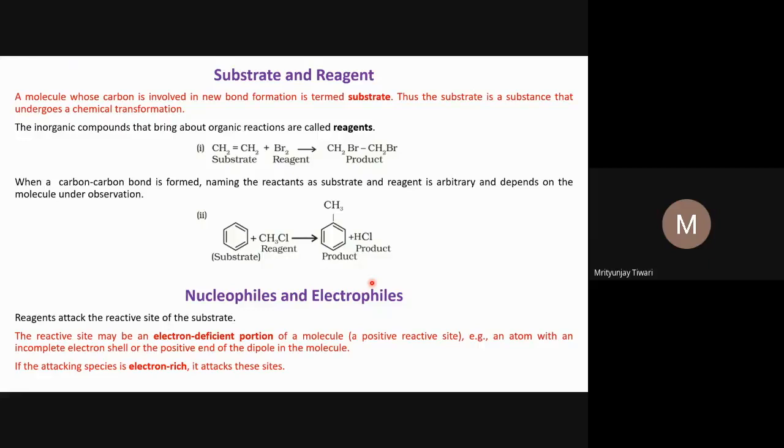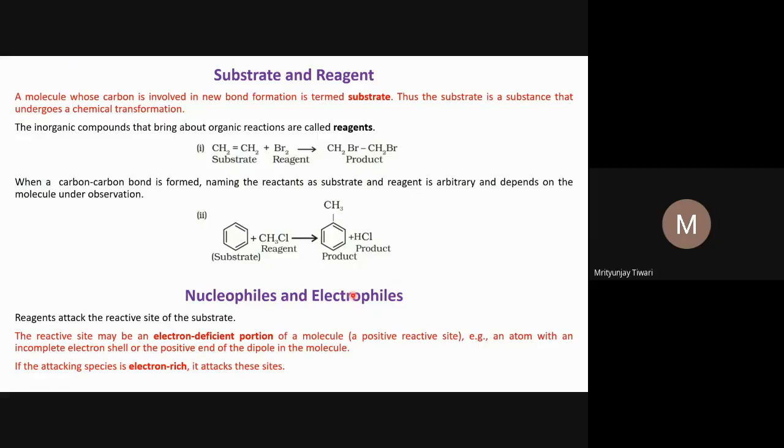If it has a positive charge, it will definitely be attracted towards an electron rich species. So the positive charge species are electrophiles. Another case is species in which one of the atoms has an incomplete octet; they also behave as electrophiles.